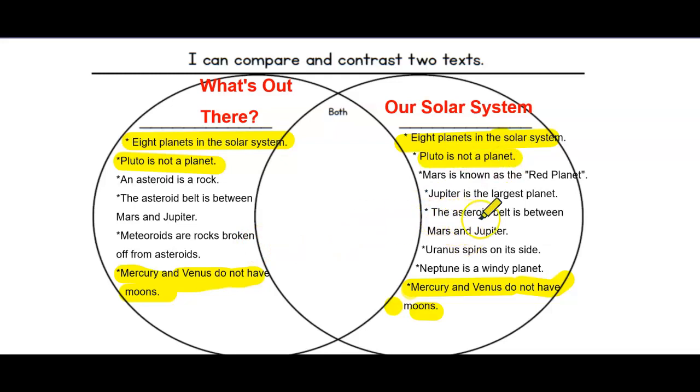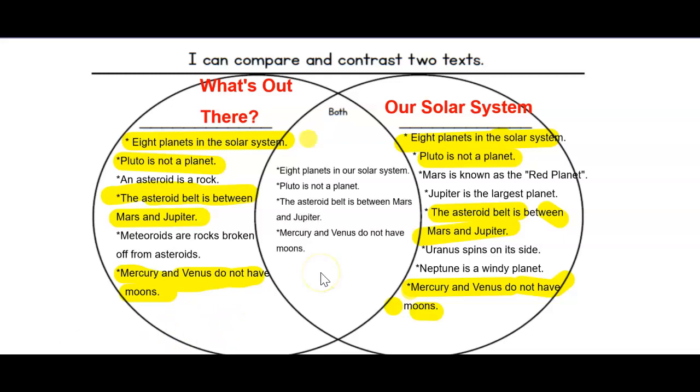And they both talk about the asteroid belt is between Mars and Jupiter. Boys and girls, pause the video and write down what both passages have in common in the middle of your Venn diagram. Then unpause the video so that we can see what's next.